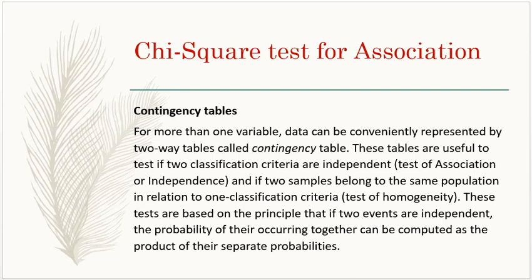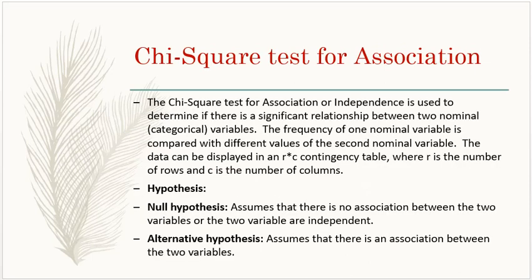We have qualitative characteristics, at least two characteristics to be considered, and we tabulate the data based on the criteria into a 2 by 2 table. That 2 by 2 table is used for the test of independence. Also, we can use the same type of classification or table to test homogeneity.